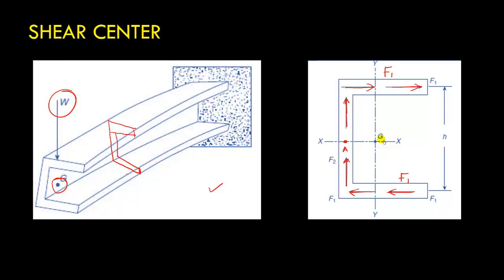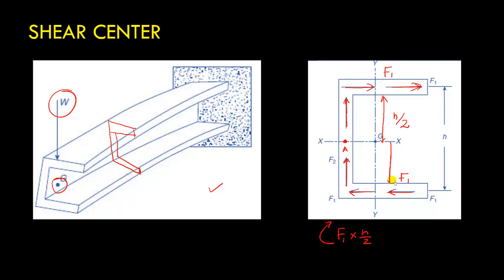So now if I take moment of all the forces about this point A, then this force F1, which is at a distance of h by 2, the moment will be F1 times h by 2, and this moment is in this direction.